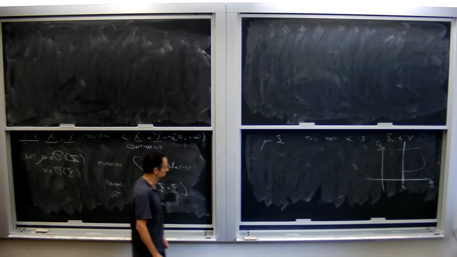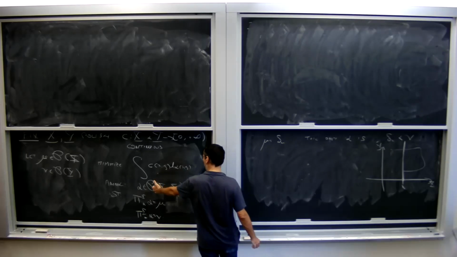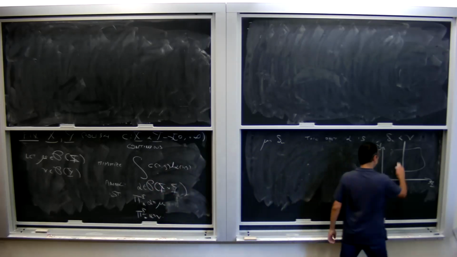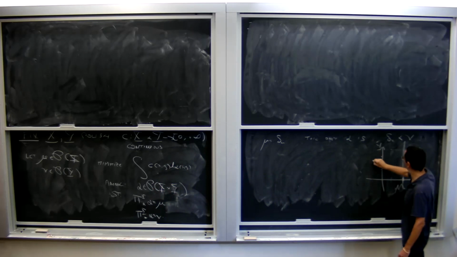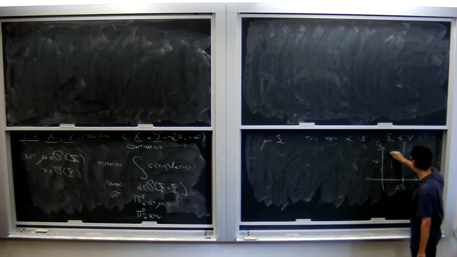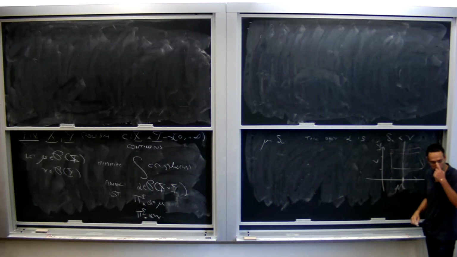Other examples. I'm trying to give you an idea of how these alphas are made. What are these so-called transport plans? In the general case, you have a certain measure mu here, a certain measure nu here, and these alphas are measures in the product, and you should think of it like this.